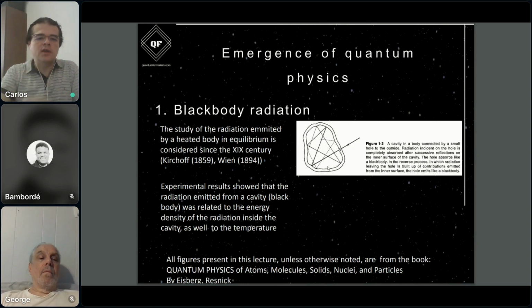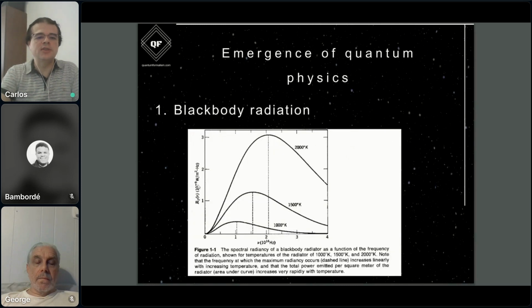So experimental results show that the radiation emitted from this cavity, which we call the black body, was related to the energy density of the radiation inside the cavity, as well as to the temperature. The radiation emitted looks something like this for different temperatures, as a function of the frequency of the emitted light.